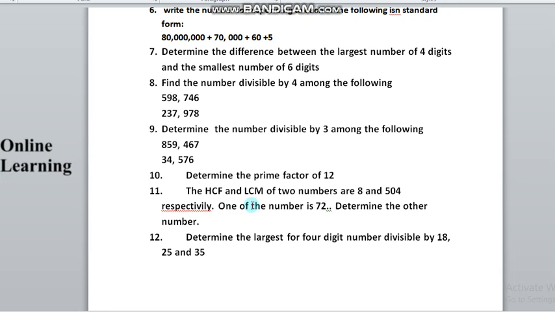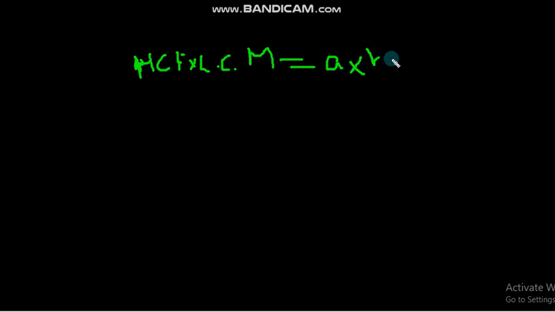Next question is the HCF and LCM of two numbers are 8 and 504 respectively. One of the numbers is 72. Determine the other number. We have the formula: HCF multiply LCM is equal to A multiply B. Basically these are the two numbers for which we get the HCF and LCM.